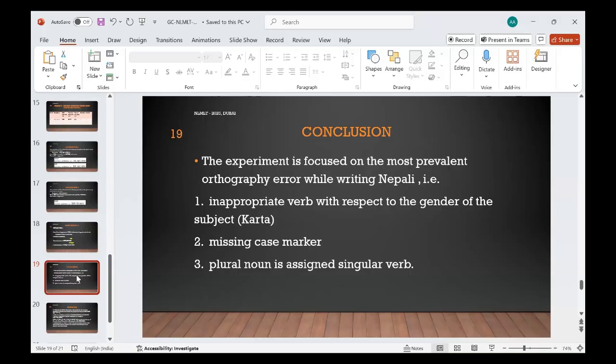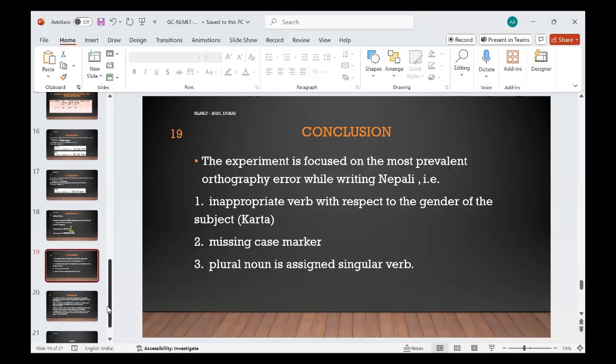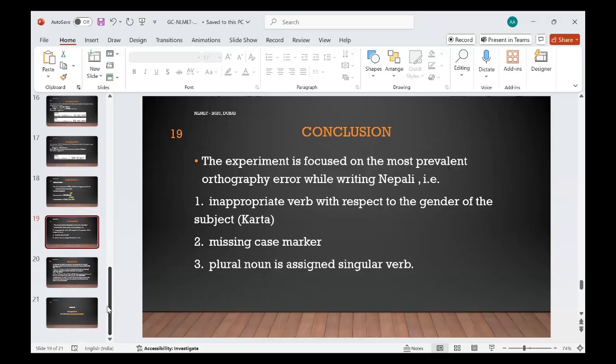So again, these are grammatical mistakes, and they are very successfully identified by the grammar checker. These three things have been addressed through this experiment.